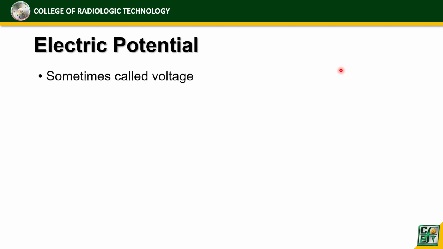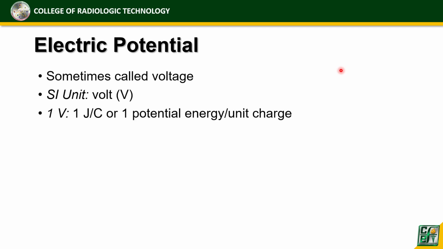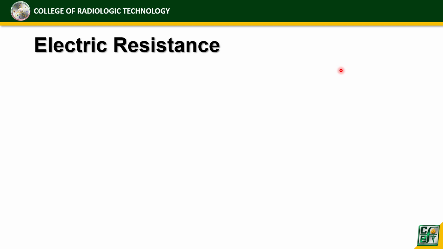Electric potential. So, ayan, balik na naman tayo kay voltage or volt. 1 volt is to 1 joule per coulomb. Then, electric resistance is measured in ohms with the symbol of the Greek letter omega.